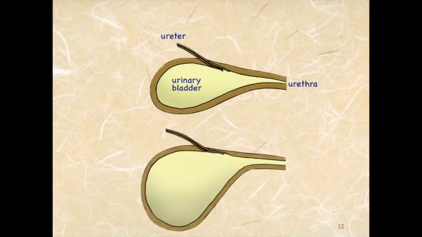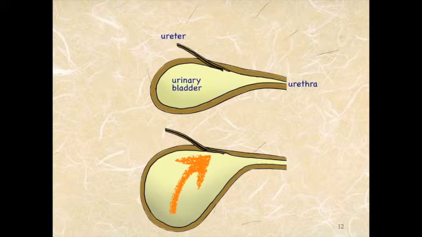And remember, when the bladder is full, it's going to press upon the ureter as it comes in at an angle here to block off so we don't get backflow of the urine up the ureter.